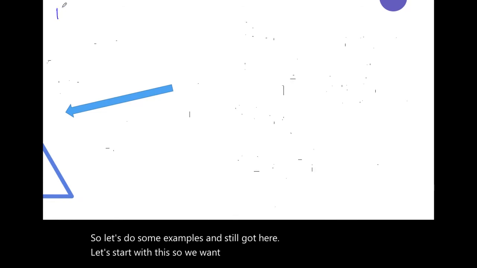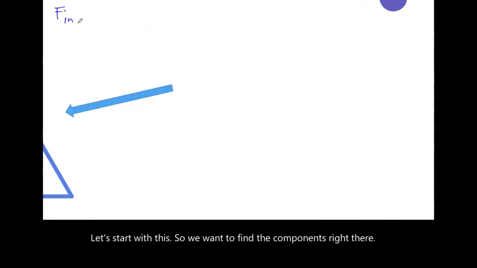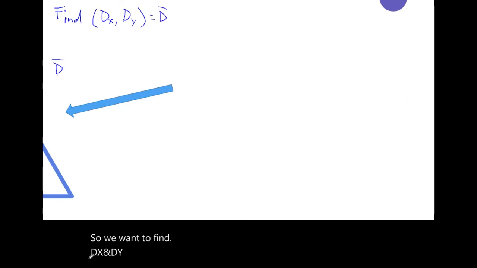So we want to find the components. Let's call this vector D. So we want to find DX and DY. Right? So this is our vector D.